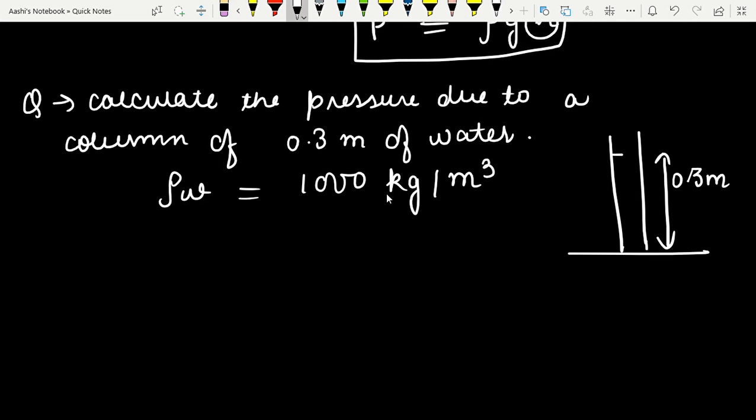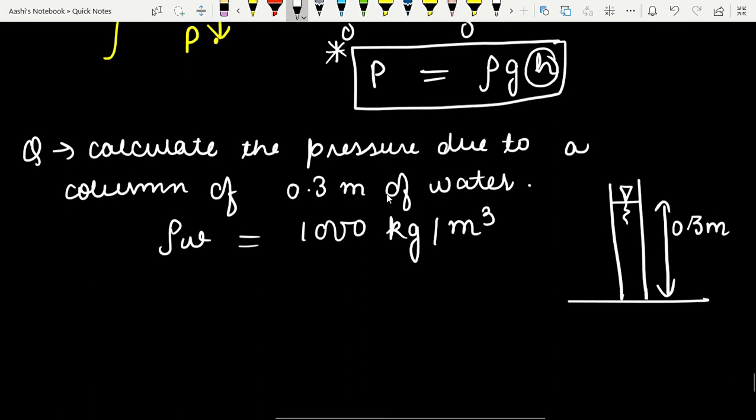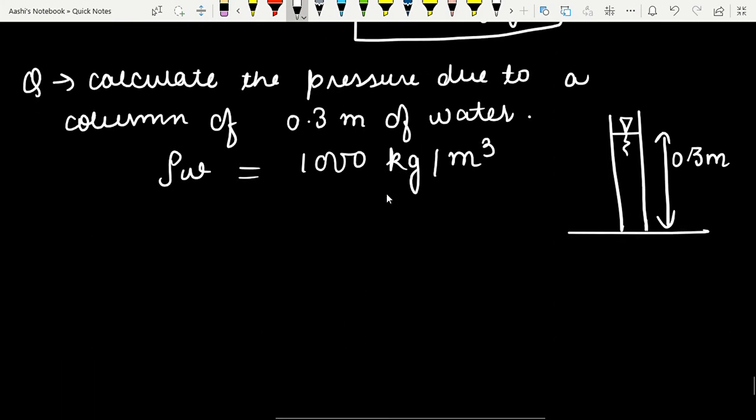So what will be the pressure due to this much height? You know pressure is equal to rho g h, where h is nothing but the height at which you are measuring the pressure. You are measuring the pressure here. What is the height of the liquid above it? It is nothing but 0.3 meters.